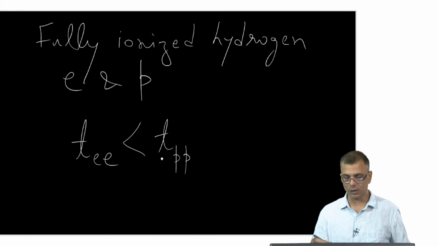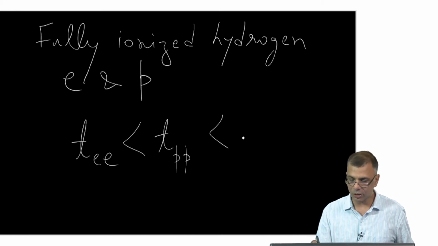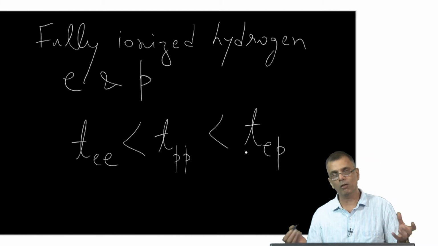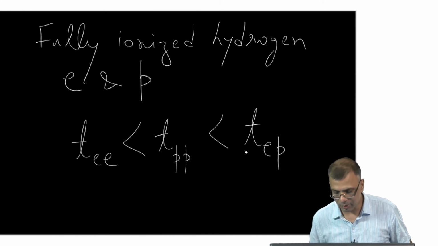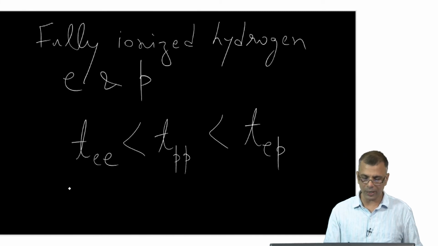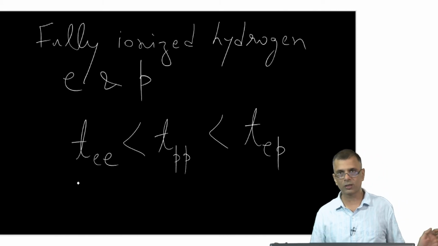Also via Coulomb collisions, and this in turn is shorter than the time scale it takes for electrons and protons to equilibrate amongst each other via Coulomb collisions. Now this is always true.